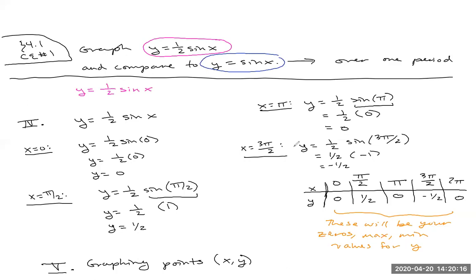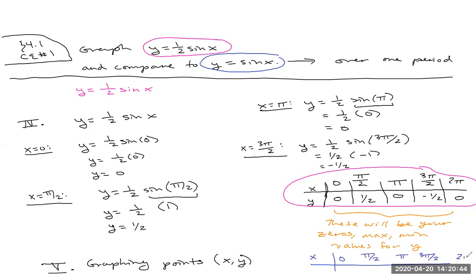Now, let me emphasize that this is for the non-parent graph. If we had done the same process with our parent graph here, we would have gotten the same x values in this case, but our y values would be just a little bit different.